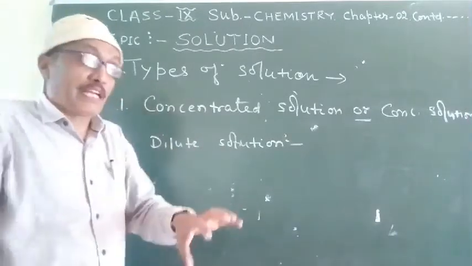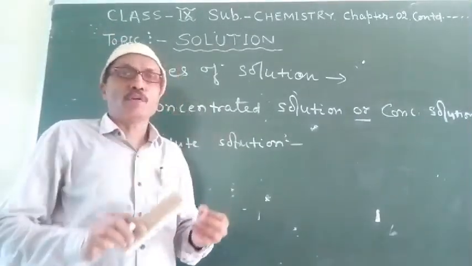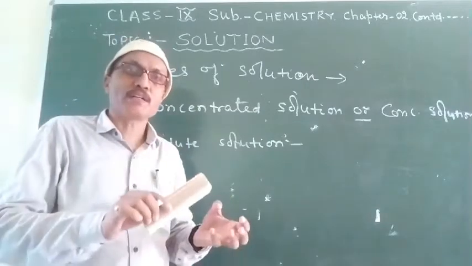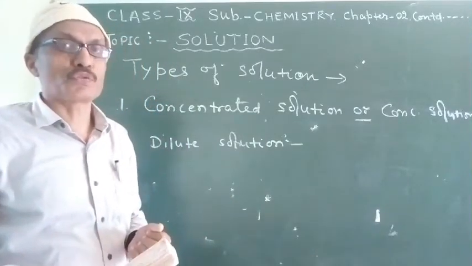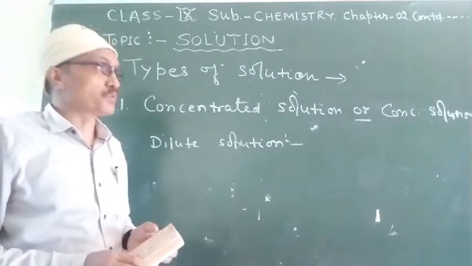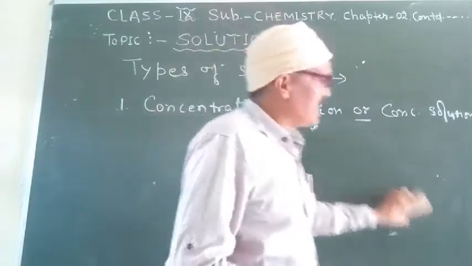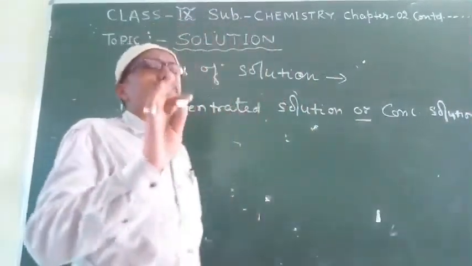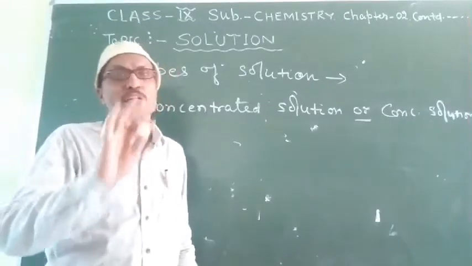And if the amount of solute is more than the amount of solvent or water, the solution is said to be a concentrated solution. Students, we are in the habit of making solutions in water.